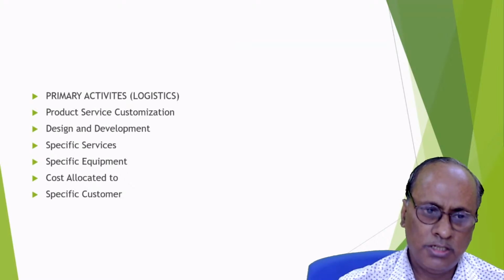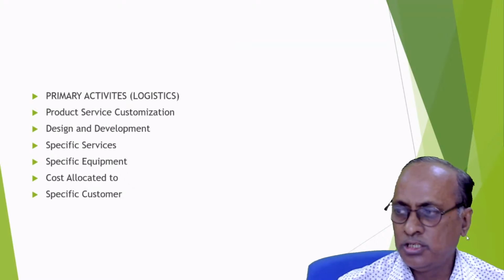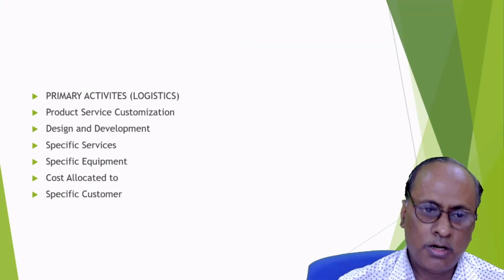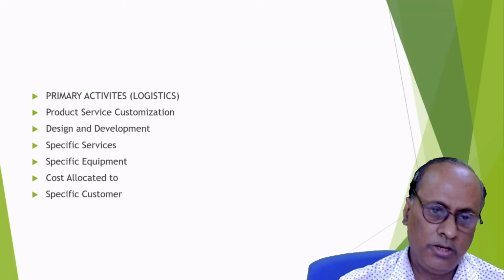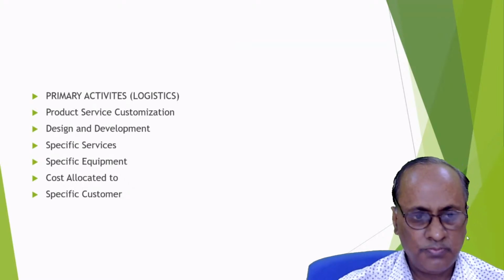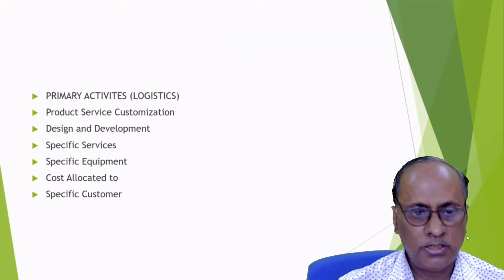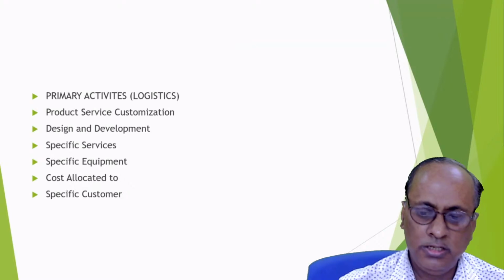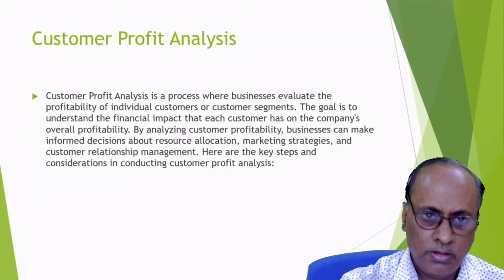Product and service customization means that for each customer, we make the product or service customized according to his requirement. Design and develop the activities and specific services for specific customers, specific equipment for specific customers, then we have to allocate the cost to the specific customer.